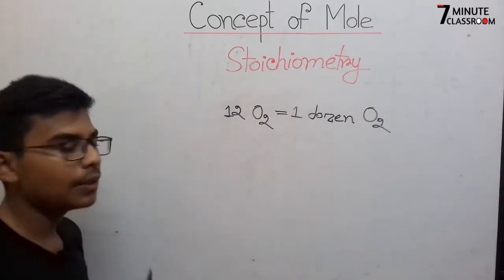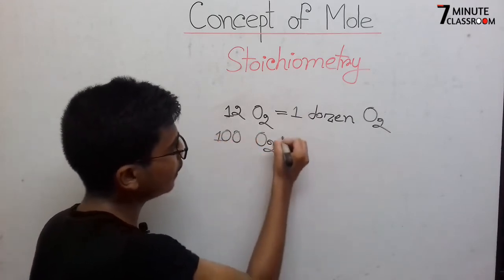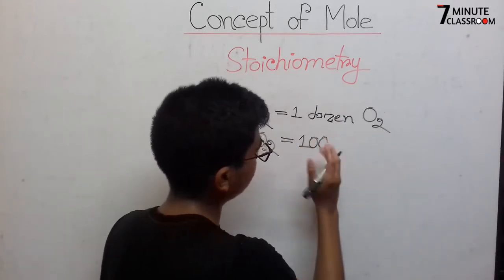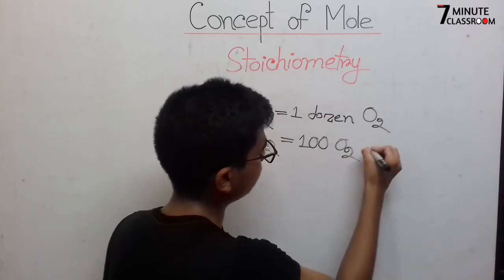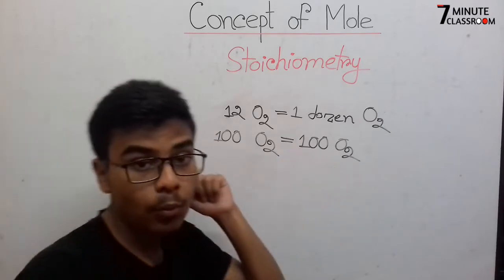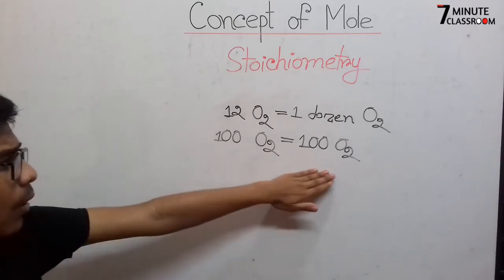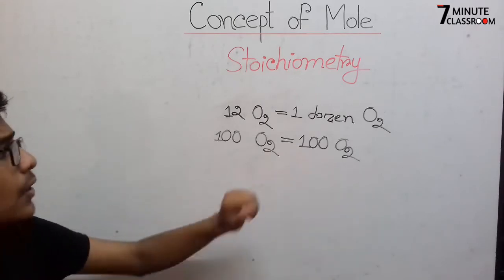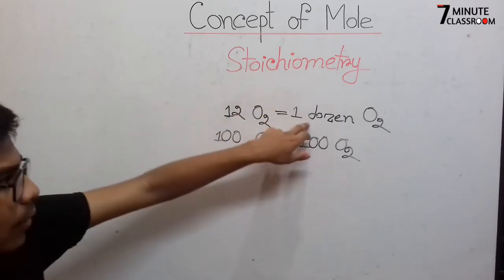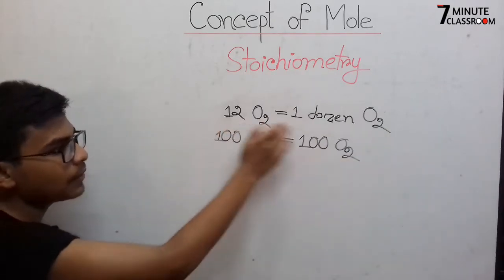Or if you say 100 O2, that equals 100 O2, or you can also write it in words, 100 O2 molecules. Here I have written 12 O2 molecules equals 1 dozen O2 molecules.